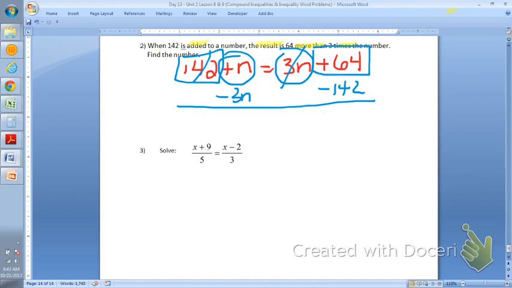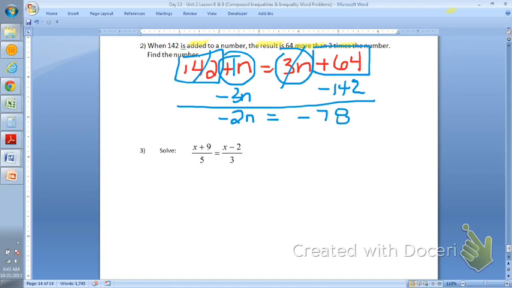N and negative 3n, those are opposite signs, so I have to subtract. 3 minus 1 is 2, but the bigger sign is the negative, so negative 2n is equal to 64 and negative 142, those are also opposite signs, so you have to subtract. And when you subtract, you should get negative 78. It's negative because 142 is bigger than 64, and that's negative.